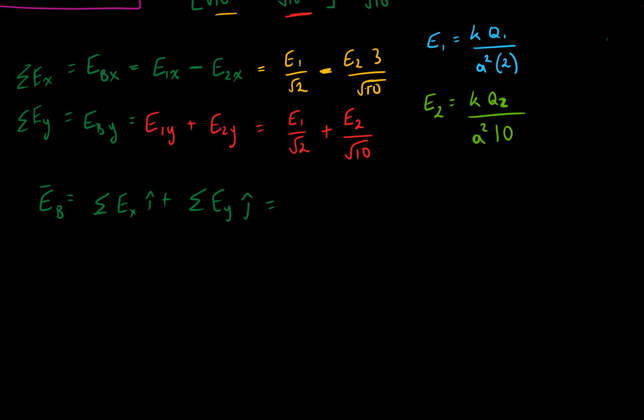We see for the EX part, that's going to be k times q1 divided by a squared times 2, also multiplied by radical 2 there, minus E2, which is going to be k q2 over 10 a squared times the square root of 10.